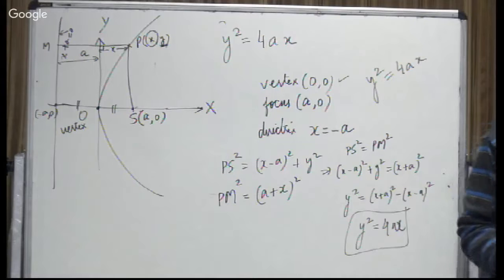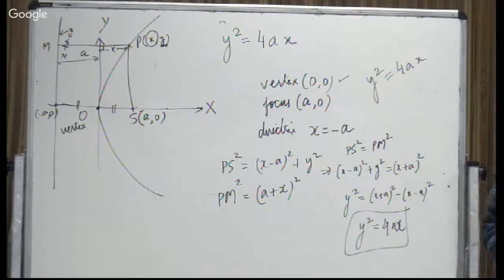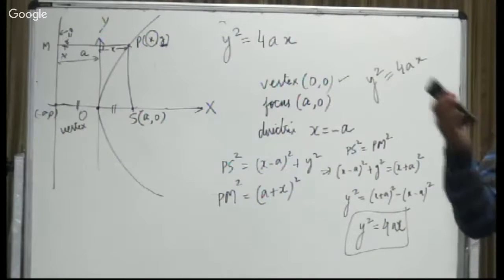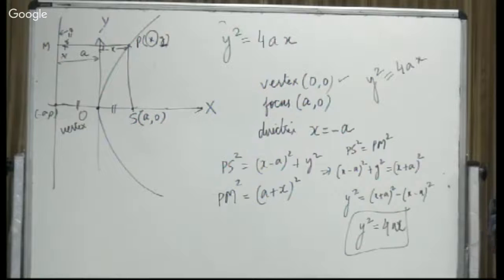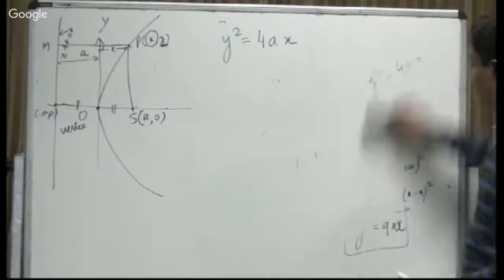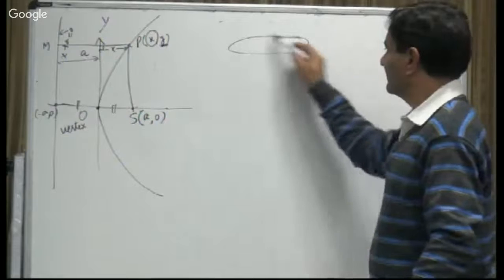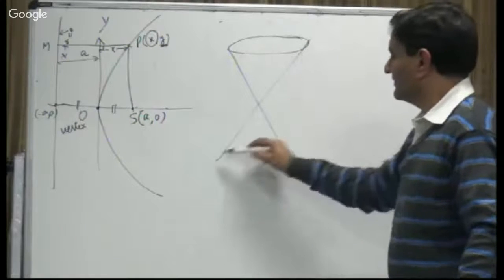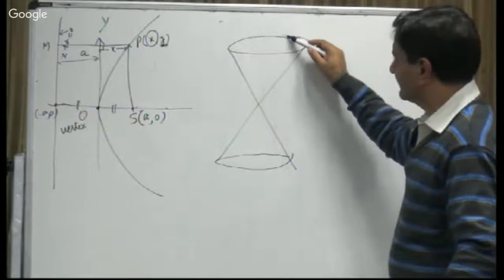Straight line? A pair of straight lines you can consider. You will not get one line when you find the intersection of a plane with a conic section; you will always have two lines. The reason is, suppose the plane is cutting it like this.